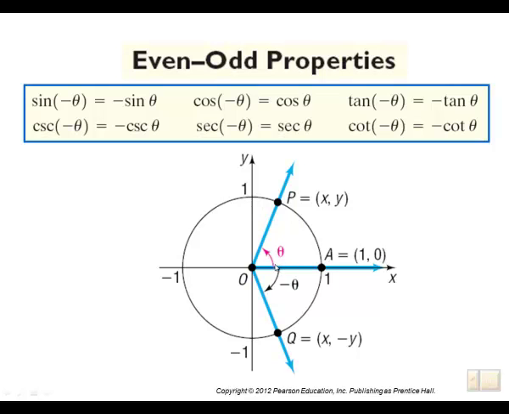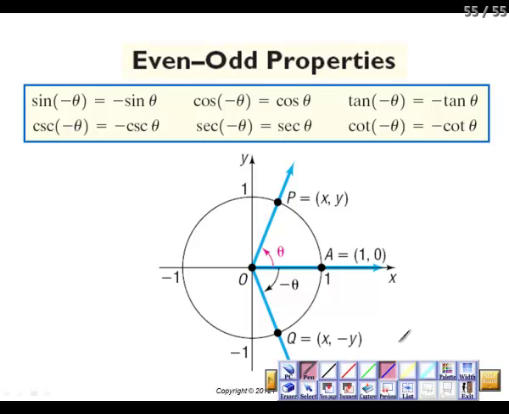When we work our problems counterclockwise, our angles are positive. If we move our angle in a clockwise direction, our angle is negative. For example, let's say theta is 30 degrees, then if we were to go in a clockwise direction, this would be negative 30 degrees.